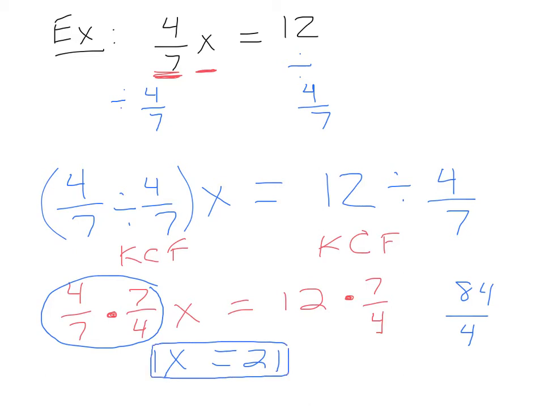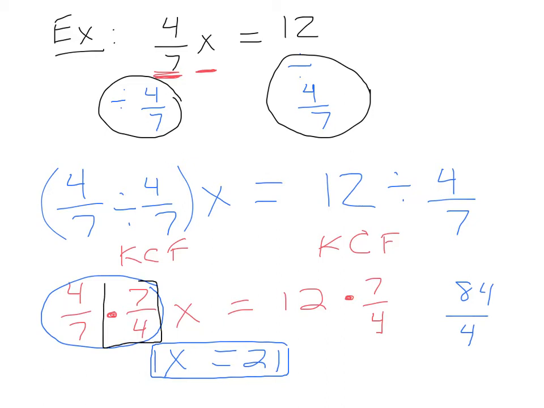But let's return to what we did. We divided by 4/7 up here. And if you notice, dividing by 4/7 is the same as multiplying by 7/4. So if ever you have a number or a fraction next to x at the end of solving the equation, you can multiply each side by its multiplicative inverse, 7/4.